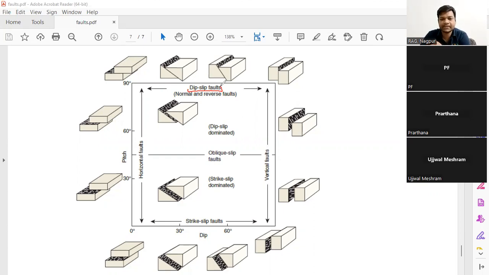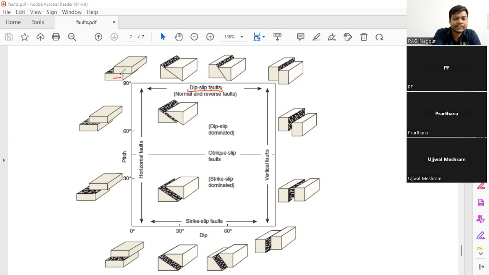No, dip slip fault covers normal fault as well as reverse fault, because both types of faults are moving with respect to the dip direction. So these are all the dip slip faults.